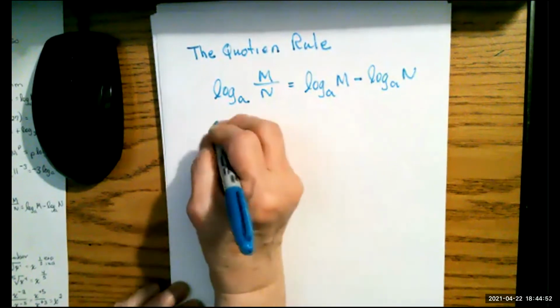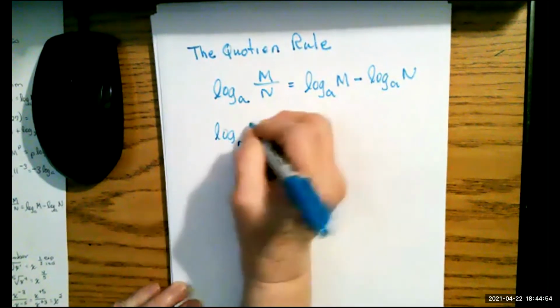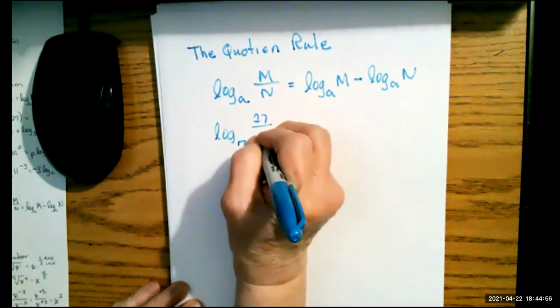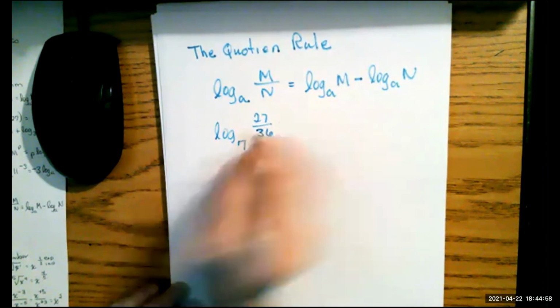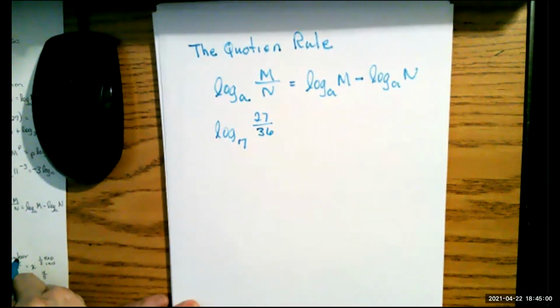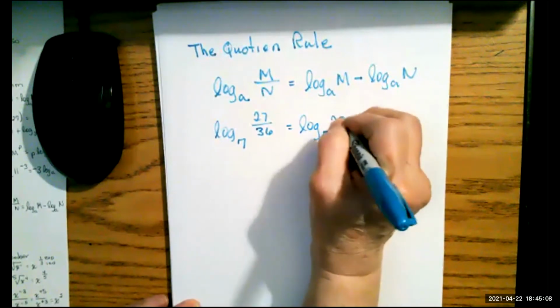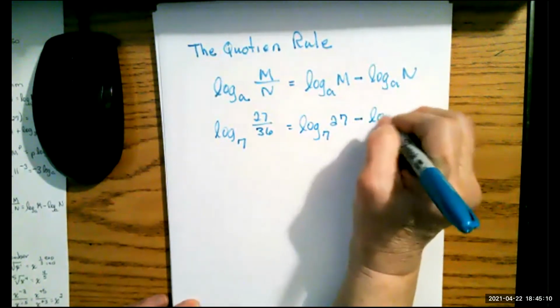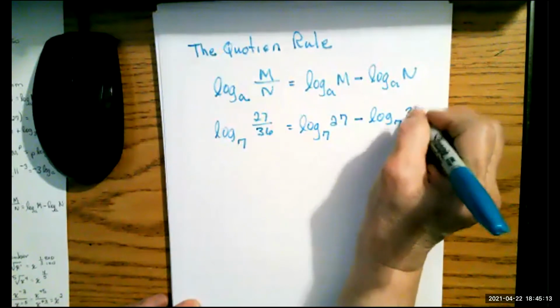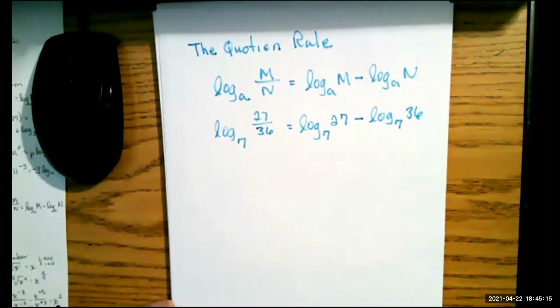So if we had log base 7 of 27/36, let's say, then you're going to write that as log base 7 of 27 minus log base 7 of 36. That's the way you're going to write it.